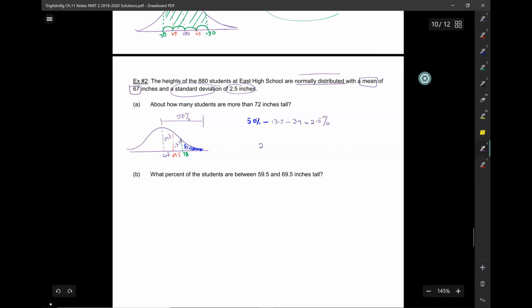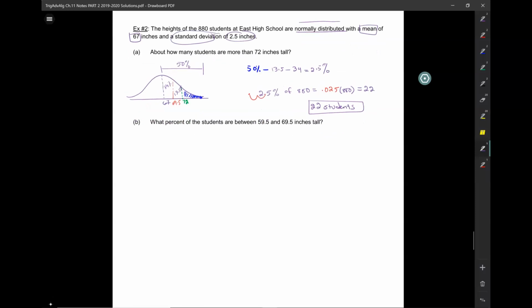Well, how much is that? 2.5% of 880 students, I have to make this into a decimal, 0.025 times 880. That is 22. So I have 22 students above 72 inches tall.